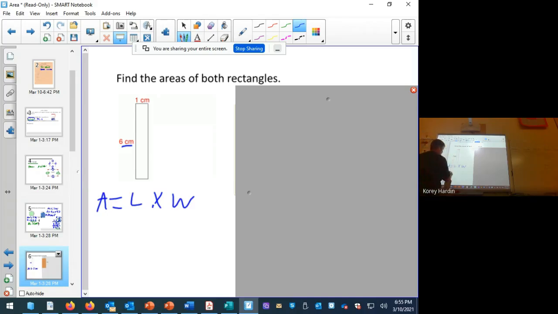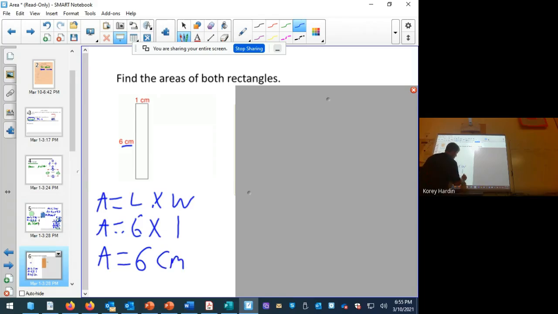So you can do A equals 6 times 1. Plug it in. And then you answer that. A equals 6 times 1, which is 6. Then we go back to centimeters squared. So area is 6 centimeters squared.